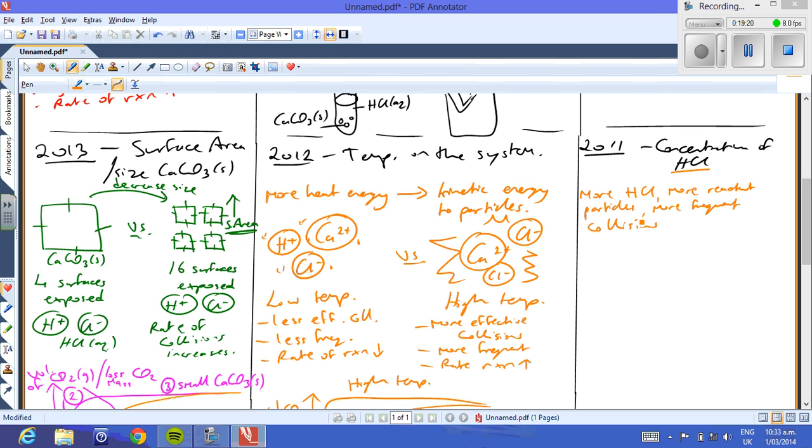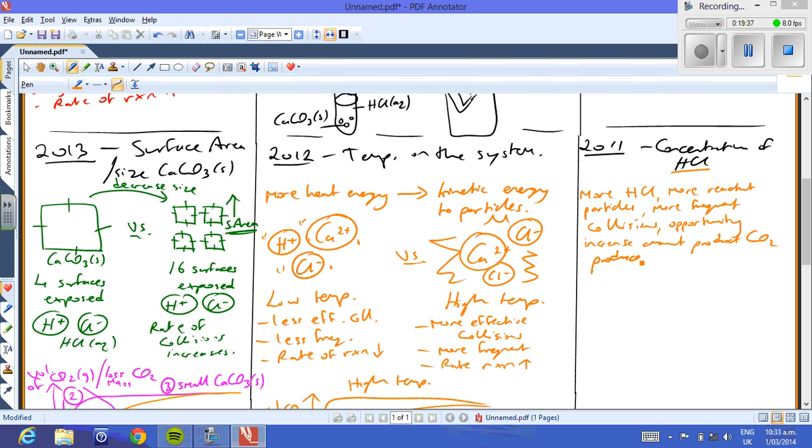And since you've increased the quantity of one of the reactants, you have an opportunity to increase the amount of product, and in this case CO2 produced.